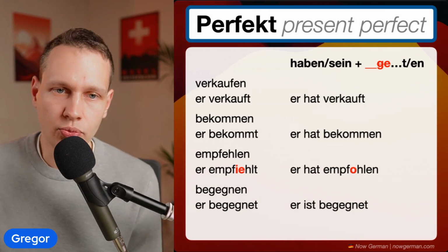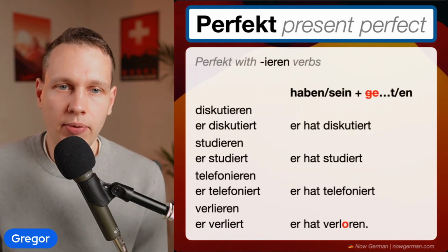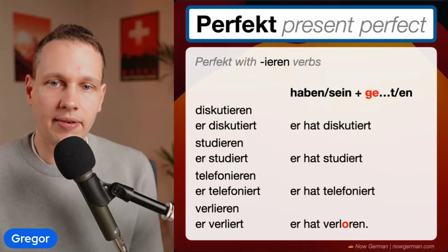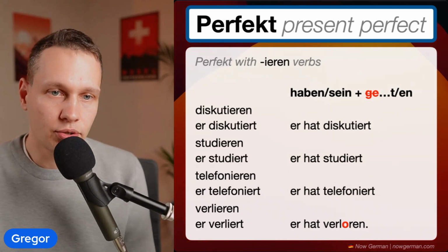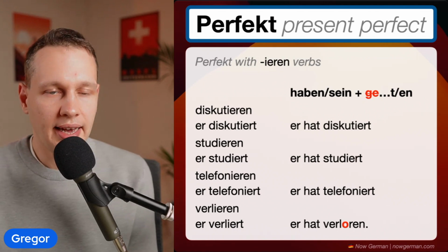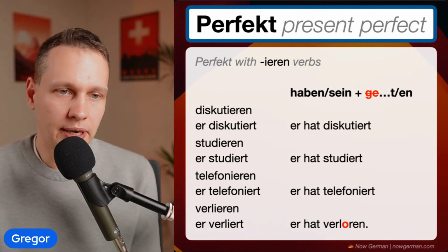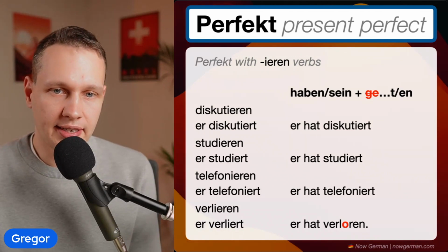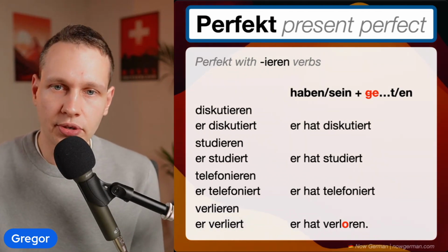All right. And then there is one more important group that we want to look at, and that is verbs that end with ieren. For example, diskutieren, to discuss. Diskutiert, that's the present tense, third person singular. And in the perfect, it is hat diskutiert.